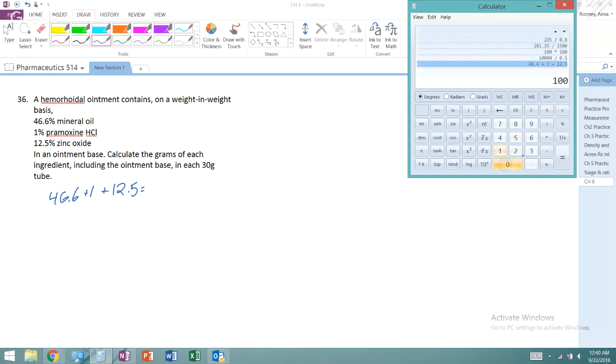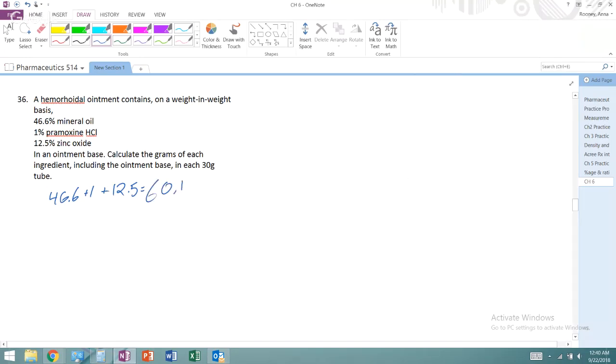All right, so 100 minus 60.1 equals 39.9. And that is our ointment base. That is the amount of it.